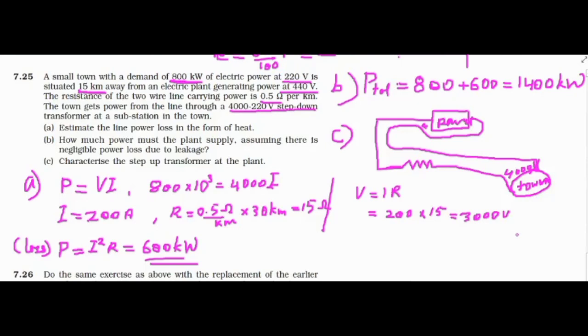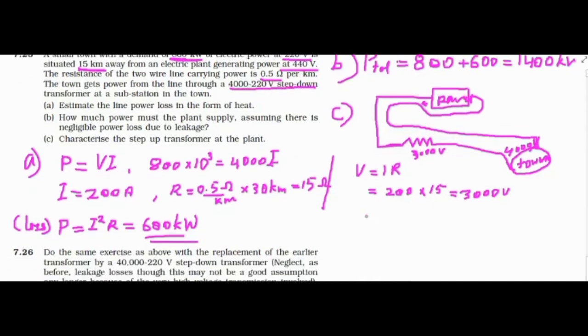So how much will be the total voltage transmitted from the power station? 3000 volt is dropped across the line, and 4000 volt is dropped across the town. So at what voltage should power be transmitted from the power station? It should be 7000 volt.